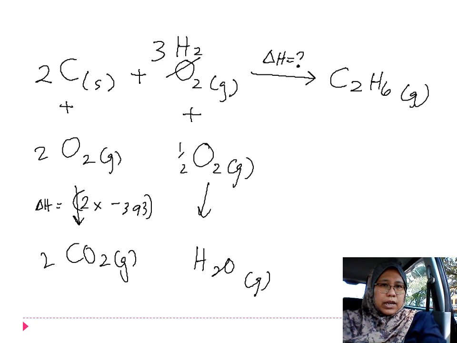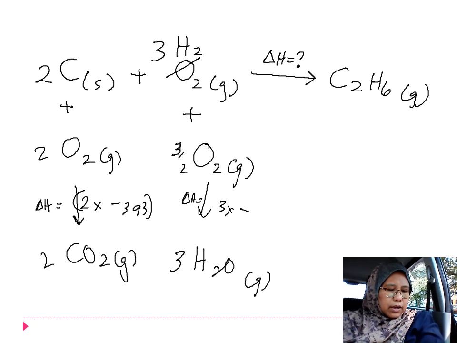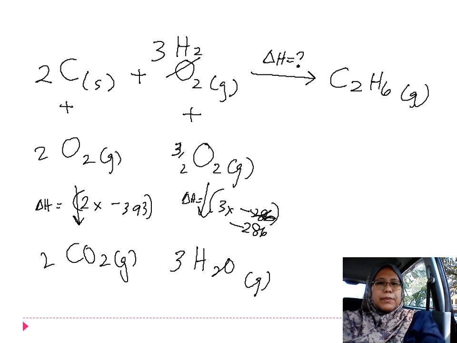But there is 3 here, so we multiply by 3 with everything here. So the delta H is actually 3 times negative 286. Sorry, negative 286 over there.